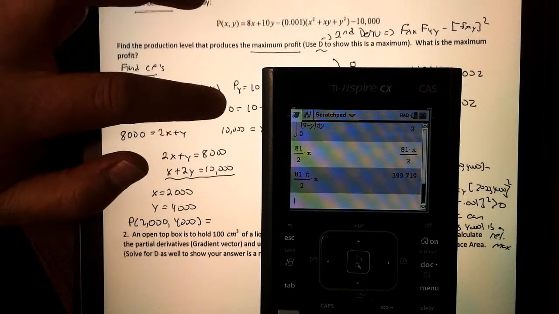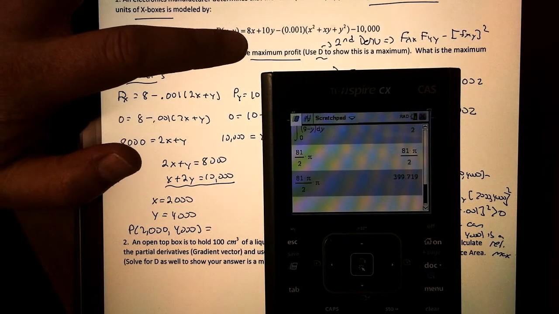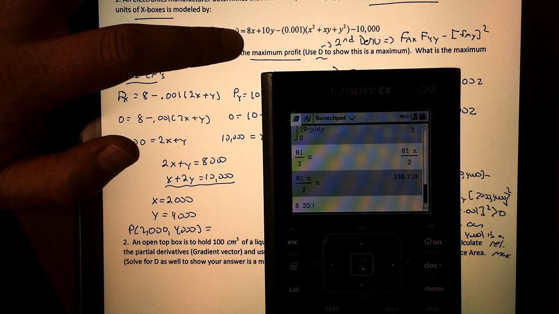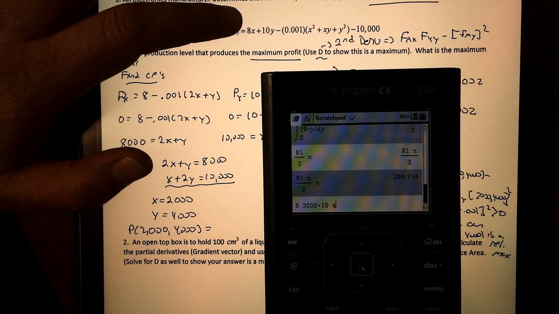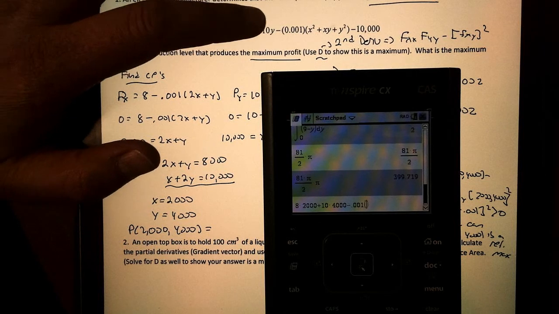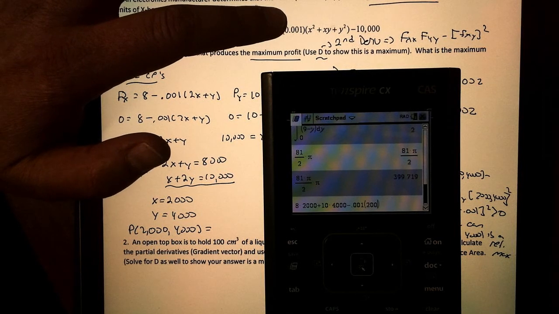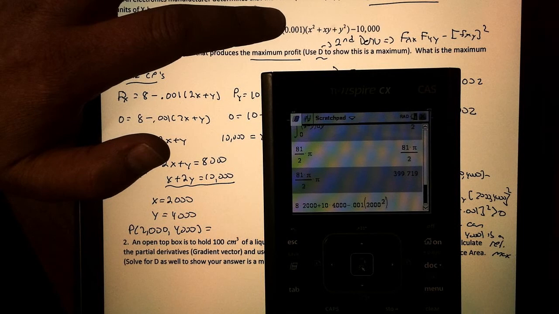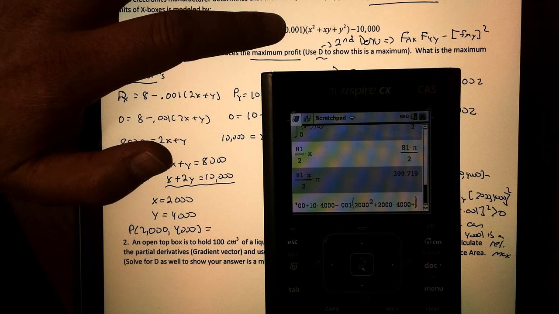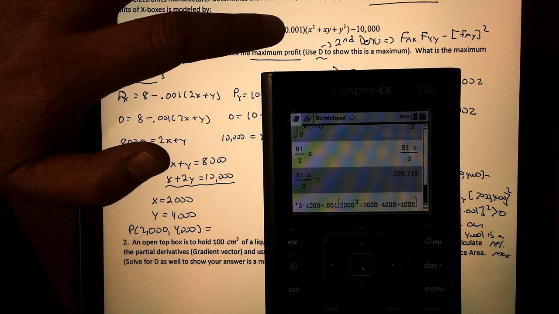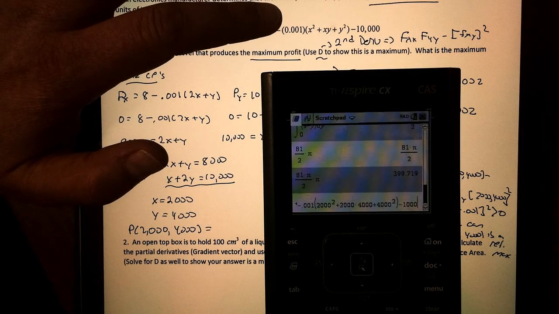We would get 8 times 2,000 plus 10 times 4,000 minus 0.001 times 2,000 squared plus 2,000 times 4,000 plus 4,000 squared, and then minus 10,000.